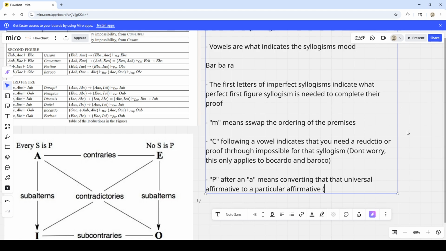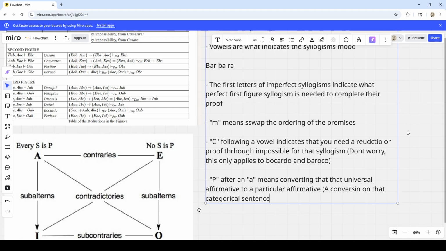So really it's just an A conversion on that categorical sentence.